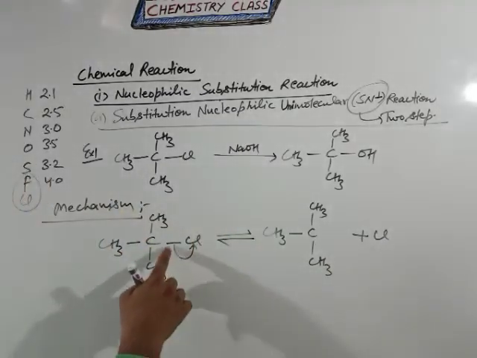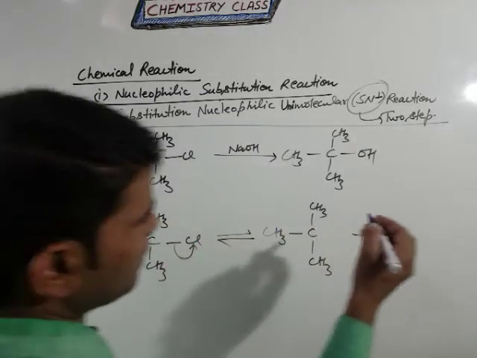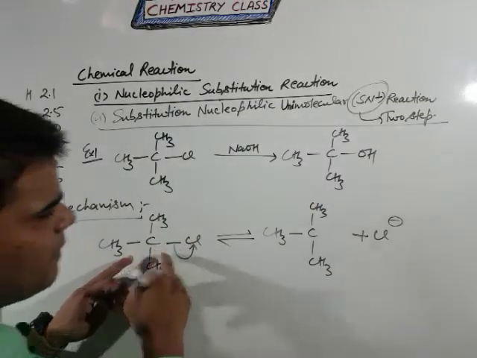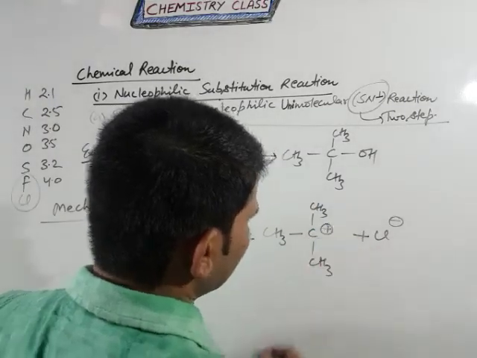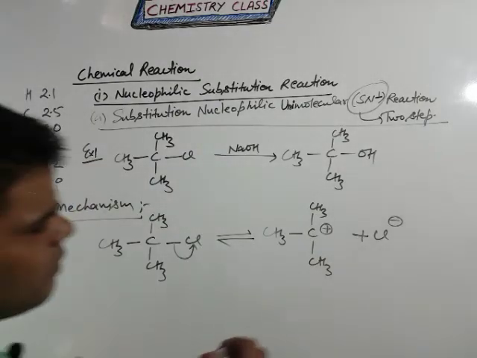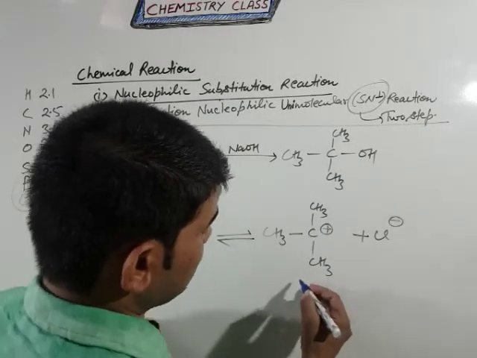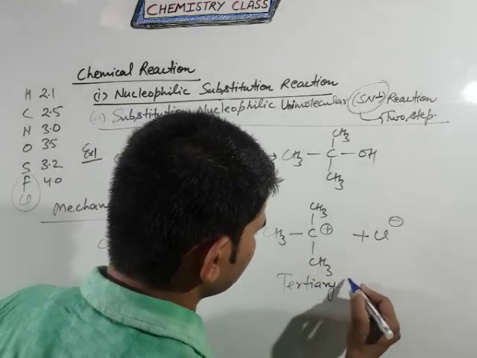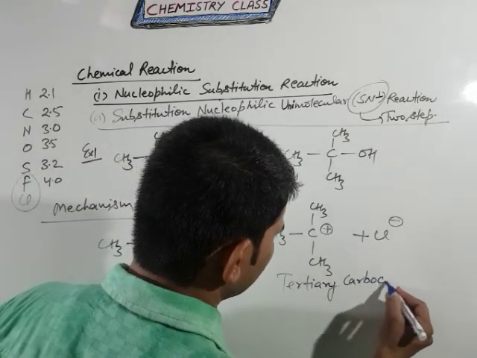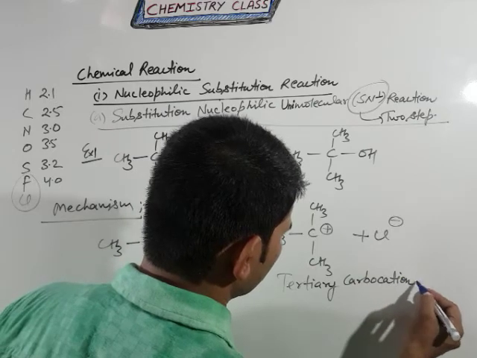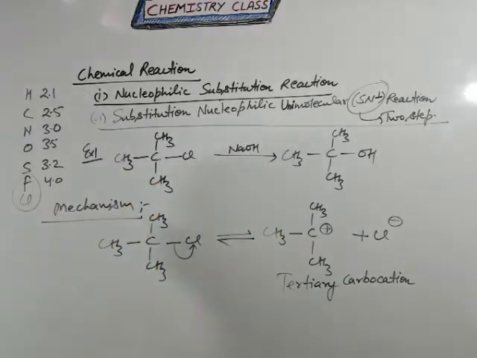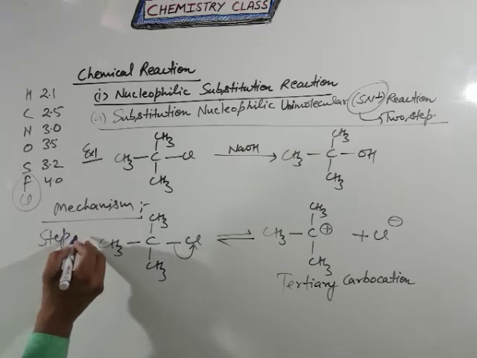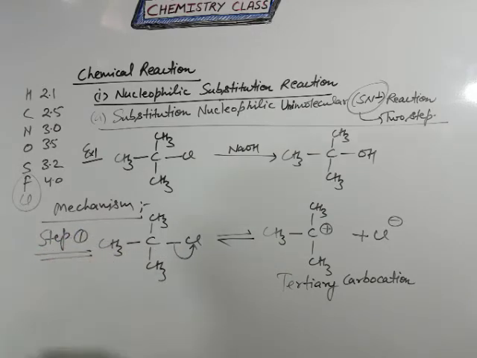The bond shifts onto the chlorine atom, that's why it creates a negative charge, and the carbon atom gets a positive charge. So this is our tertiary carbocation. Clear? So this is our step one.